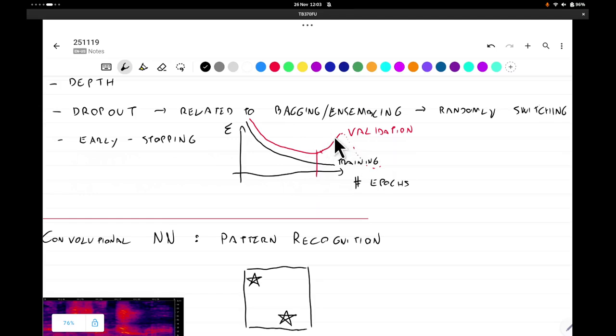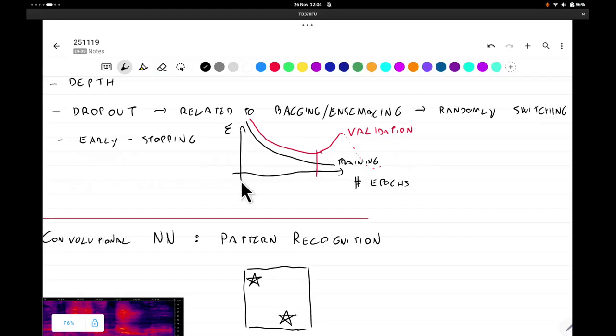And here the dotted line refers to the fact that sometimes you have a secondary minimum or actually more minima. So depending on which type of problem and how large the error would be here, that might not be very nice. So the first time you see that validation error going up, it could be that then it goes down again.